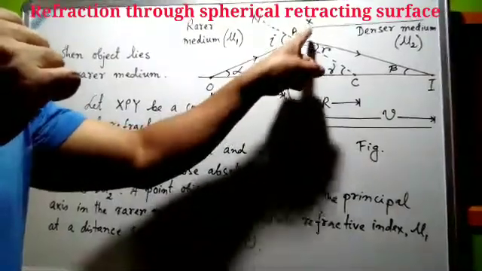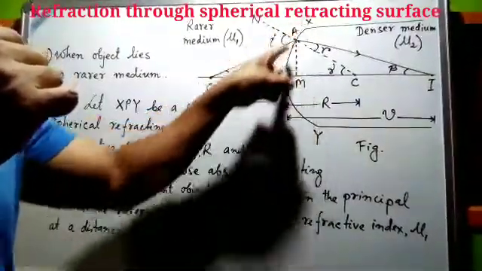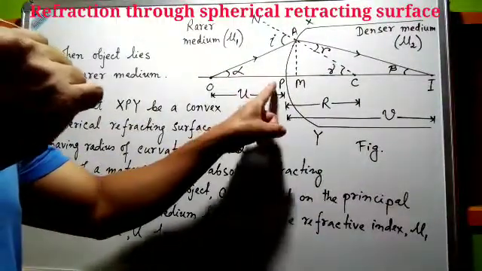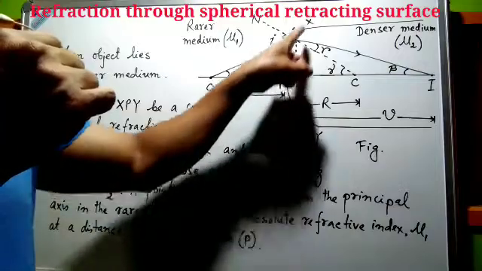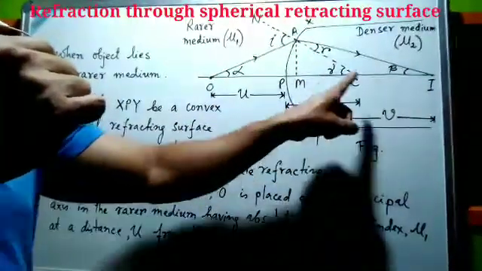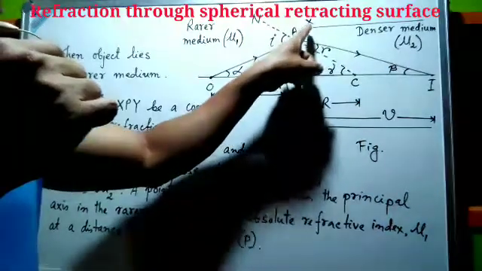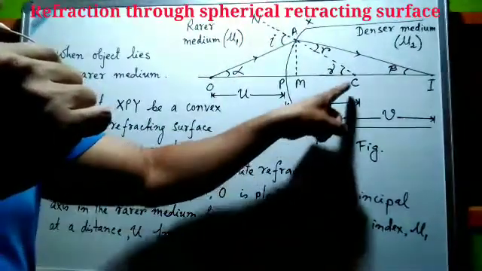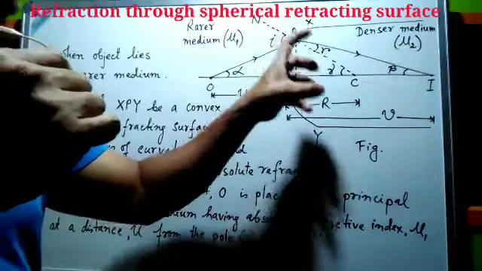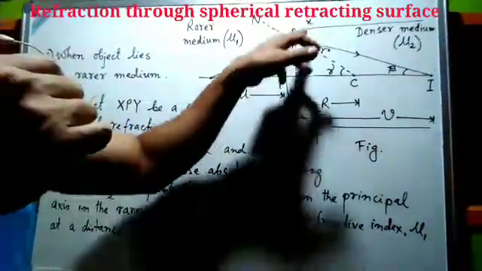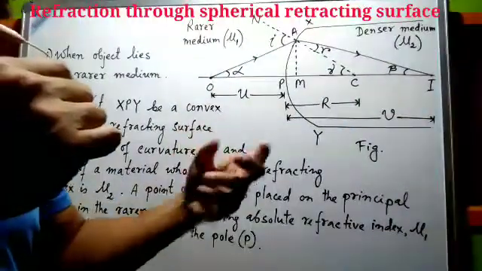Here XPY represents a convex spherical refracting surface, and P represents the pole of this spherical refracting surface, and capital C represents the center of curvature of this XPY. Center of curvature means the center of the sphere in which this spherical refracting surface XPY forms a part.